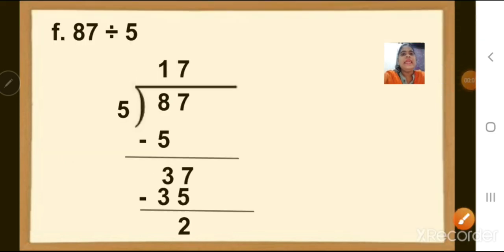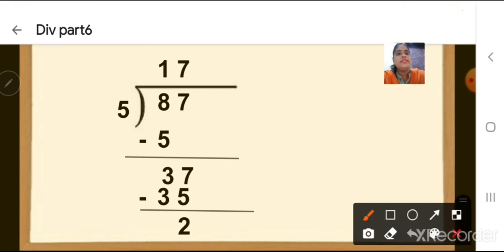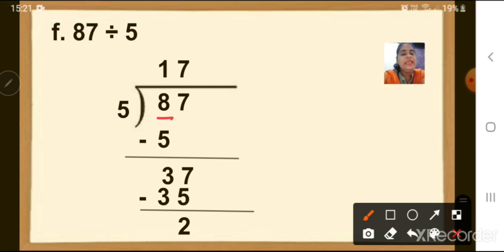Next is 87 divided by 5. Children, write the numbers properly in the proper place. Now let us divide. Take the first number, which is number 8. We have to see in 5's table 8 will go or not. Now it will not go.